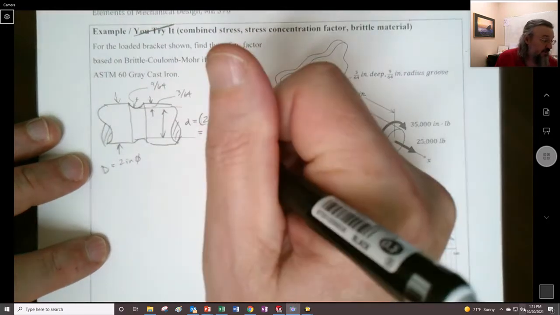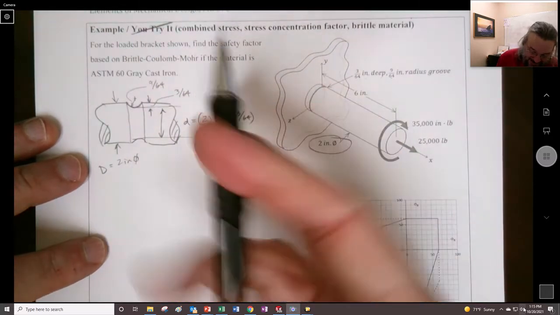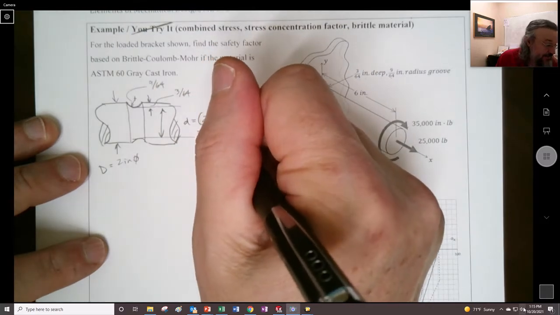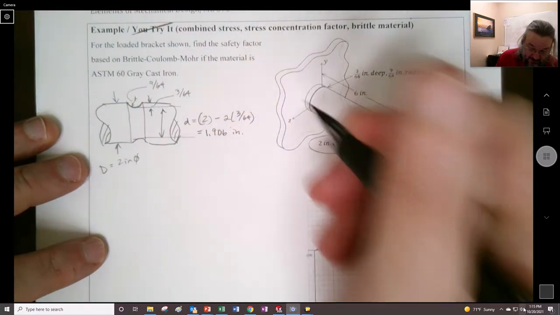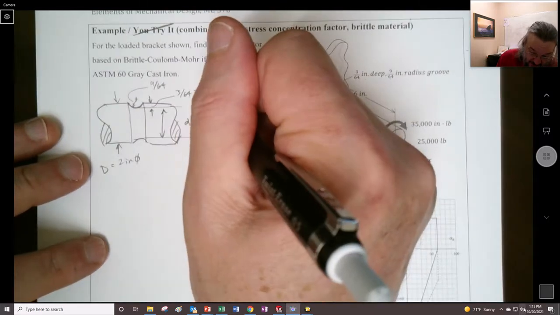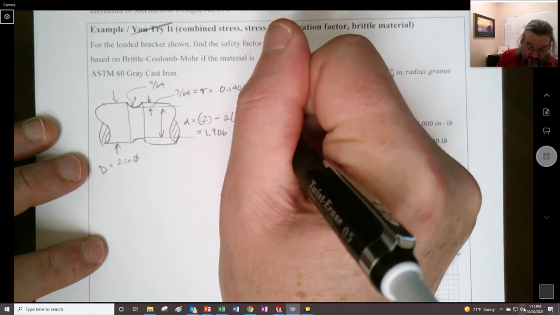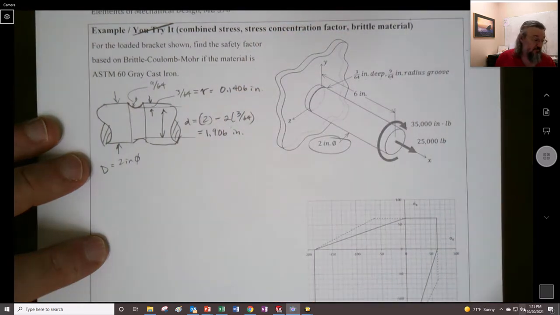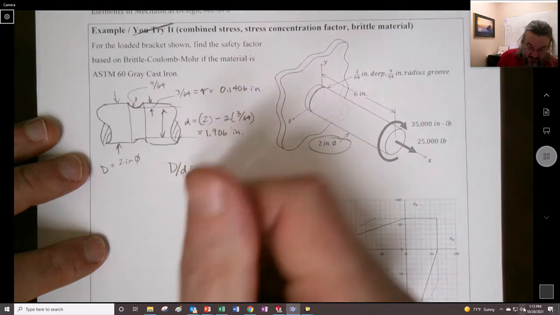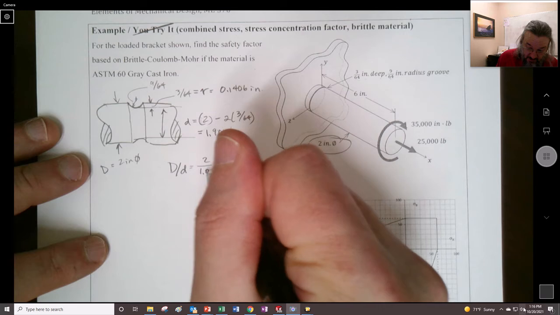And if we go with a value, this is going to be 1.906 inches. And this is going to be the radius, and it's going to be equal to 0.1406 inches.